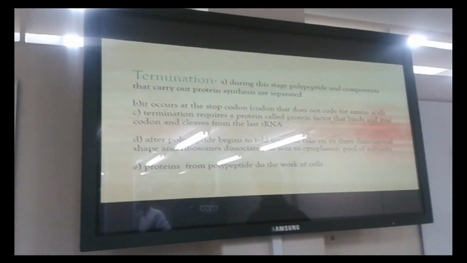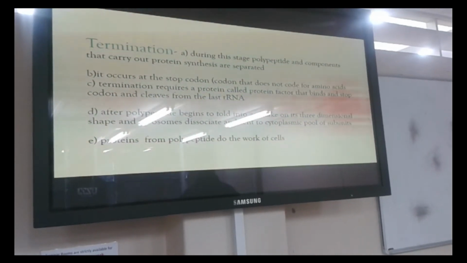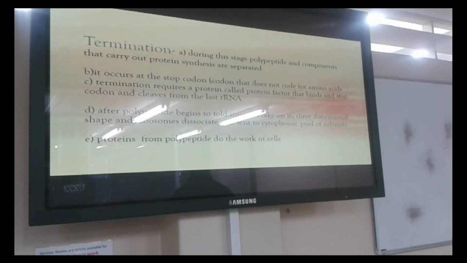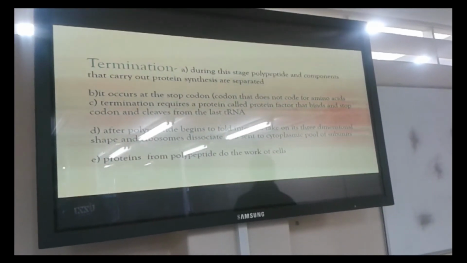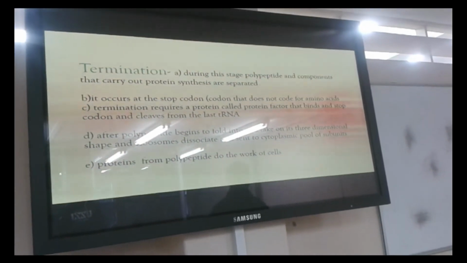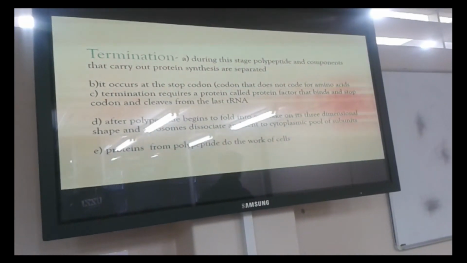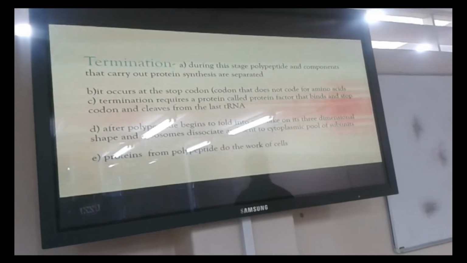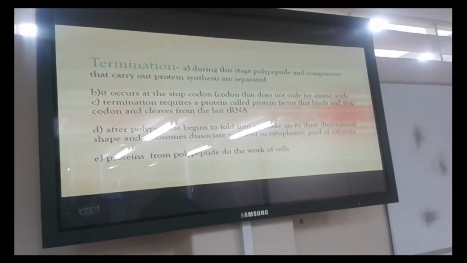And then termination, which is the last stage. During this stage, the polypeptide and the components that carry out protein synthesis are separated, meaning they go different ways. It occurs at the stop codon, a codon that does not code for an amino acid. Termination requires a protein called a release factor that binds, stops, and cleaves the polypeptide from the last RNA.